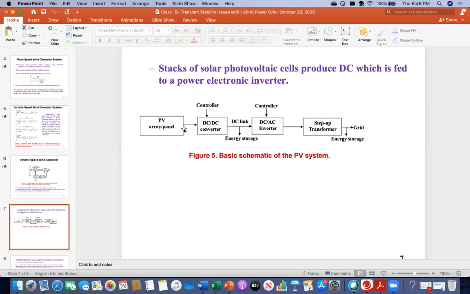See my arrow, it is going from left to right. But when it is a smart inverter, it should be bidirectional. Depending on the necessity, it should have the capability to send power in this direction also. And that's why it will have its smartness or intelligent capability.